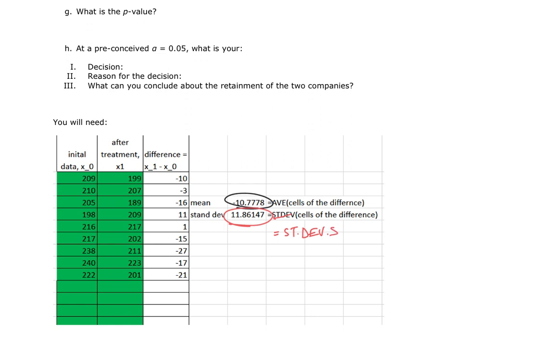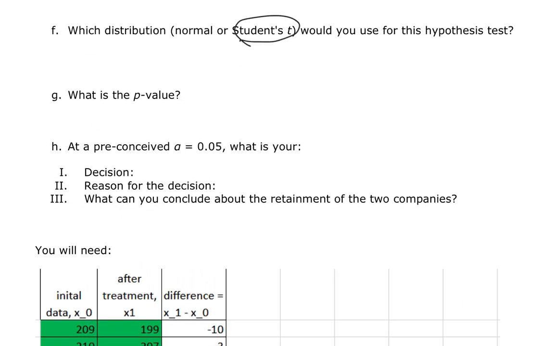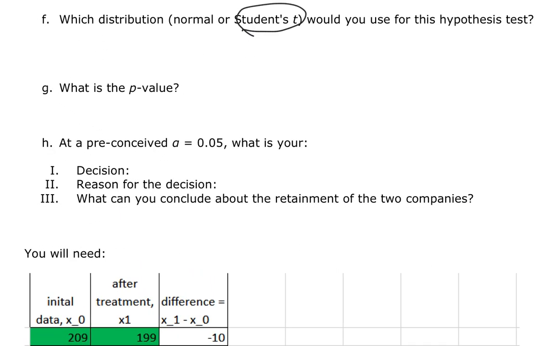Okay, so I'm going to go and grab my own spreadsheet. I'm going to put those in, and we're going to give you the p-value, the critical value, the test statistic, and then we'll make a decision. So the critical value is going to be my t of alpha, and this is a left tail, so it's appropriate to have a negative 1.8595.